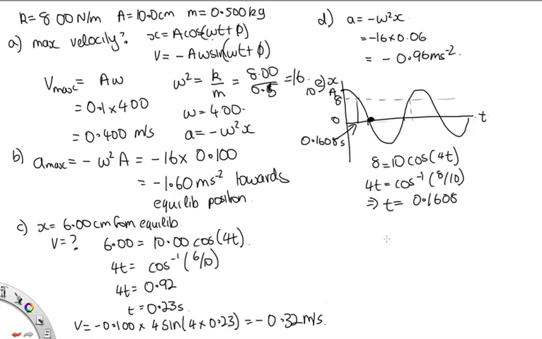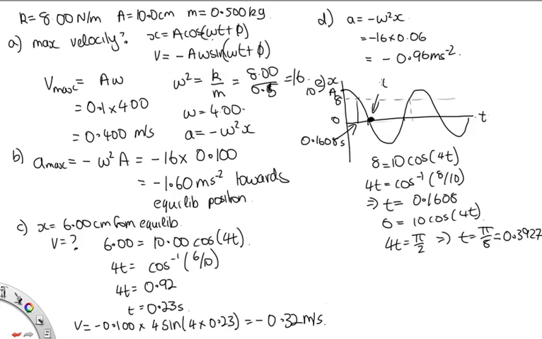And now we need to find this second time here when it's at 0. So we've got 0 is equal to 10 cos 4t. Now, cos is equal to 0 when this angle in here is equal to pi on 2. So we've got 4t is equal to pi on 2. So t is equal to pi on 8, which is approximately equal to 0.3927.